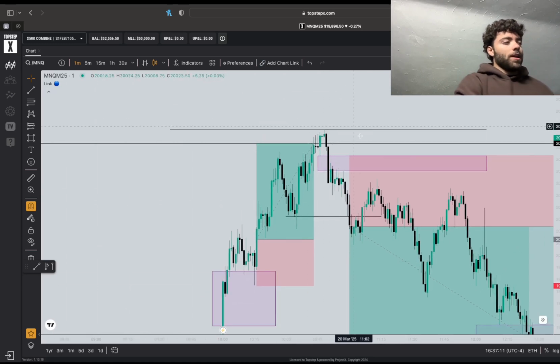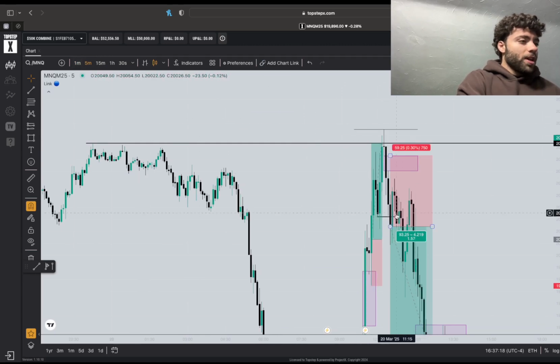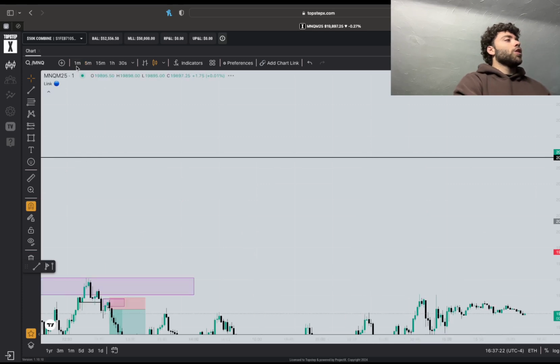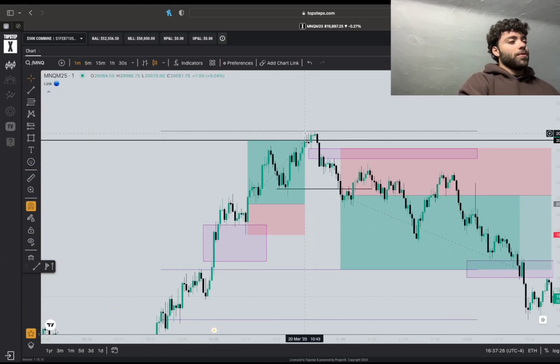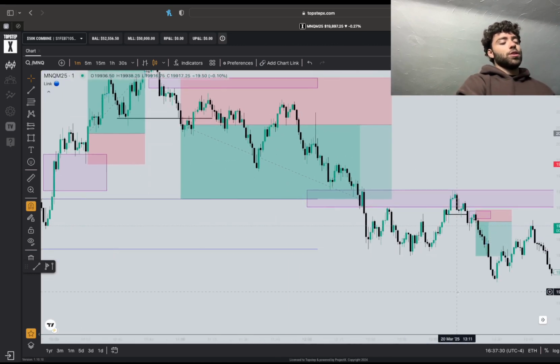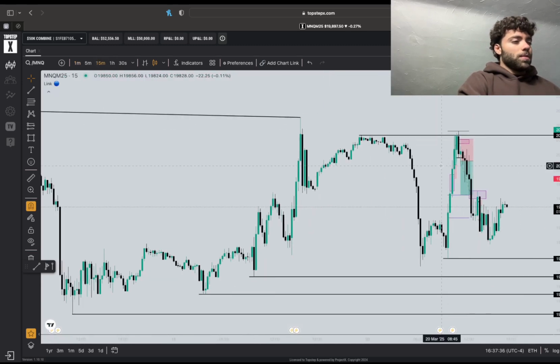And us sweeping this high, forming a very nice doji candle, and then breaking structure right away in 2 5-minute candles, that's also price showing us that we took out a lot of stops after this high. We're now looking to go lower to fill in some imbalance, fill equilibrium levels.